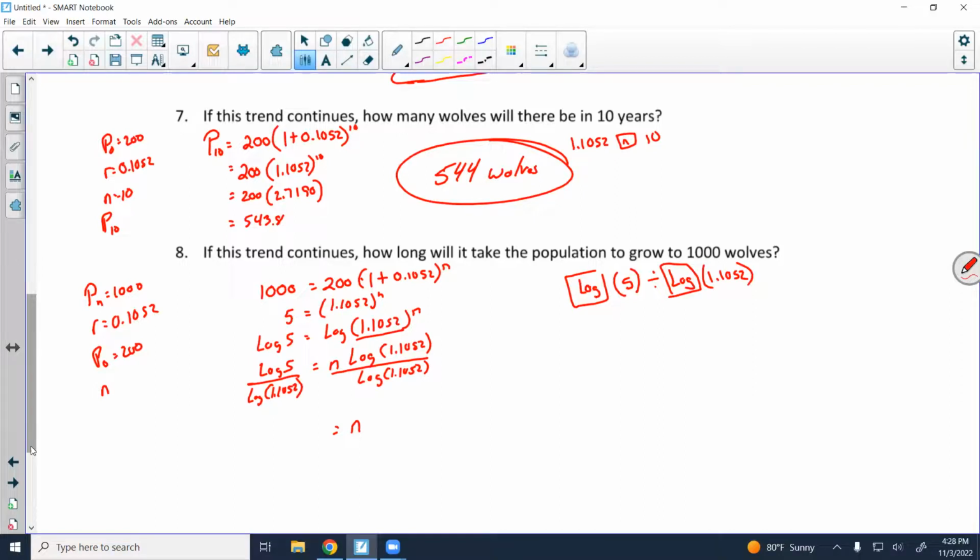Let's see what we get. So we have, where is log on this calculator? There it is. Log of 5, close parentheses, divided by log of 1.1052, close parentheses, equals.